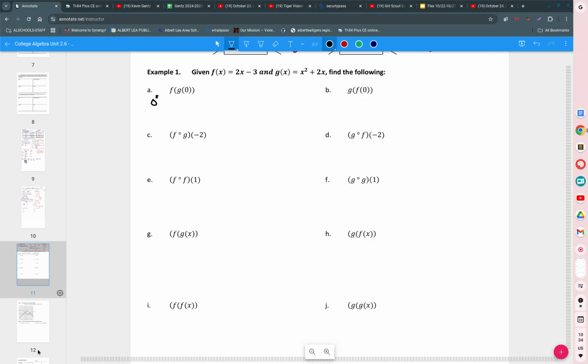And I have 0 squared plus 2 times 0, which is 0. So now I take 0 and I plug it in for f. So f of g of 0 is the same as f of 0. I take that 0 and I plug it in for f, and I get 2 times 0, 0, minus 3 is negative 3.